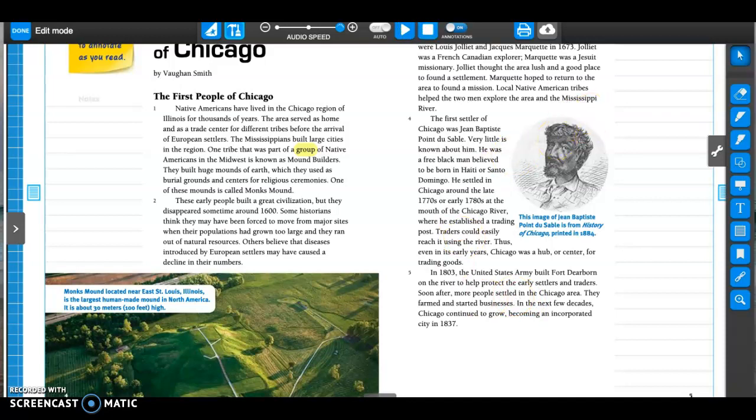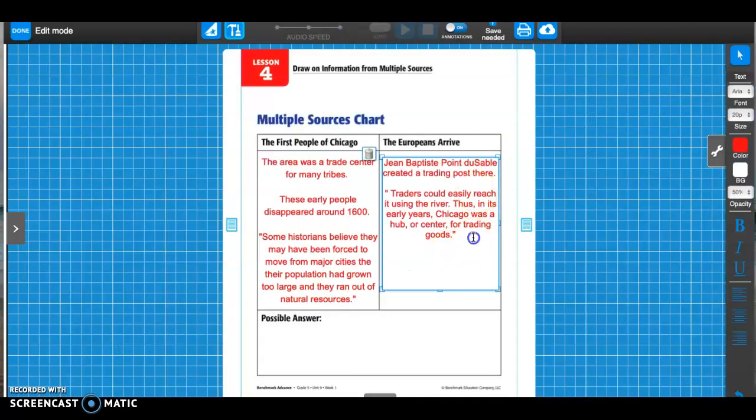So I'm going to include in my graphic organizer that Fort Dearborn, built in 1803, protected settlers and helped encourage settlement and trade.